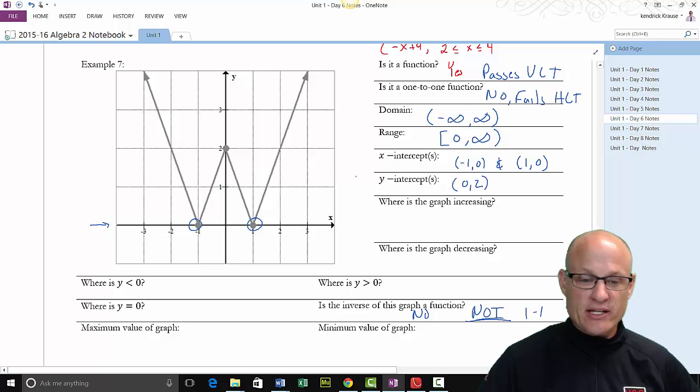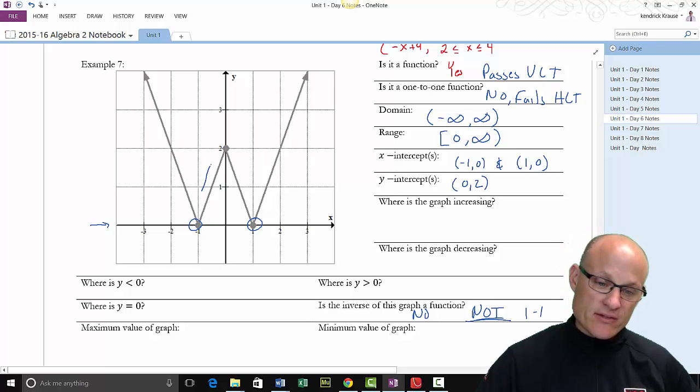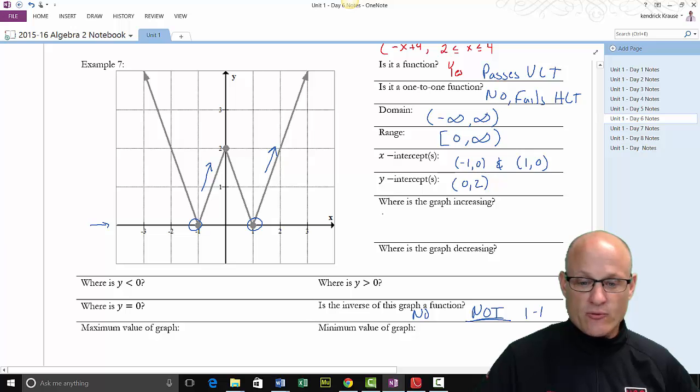All right, so where is it increasing? Well, it is increasing in this section, and it is increasing in this section, not including the endpoints. So from parenthesis negative 1, comma, 0, it's increasing, union 1 to positive infinity.